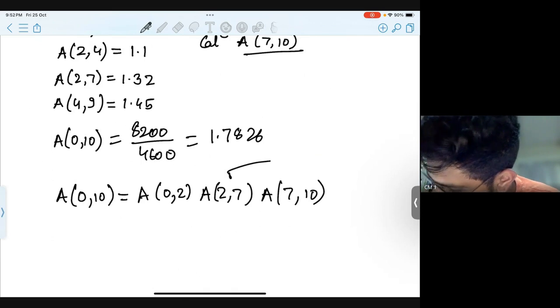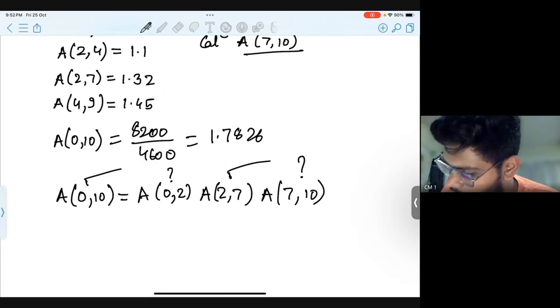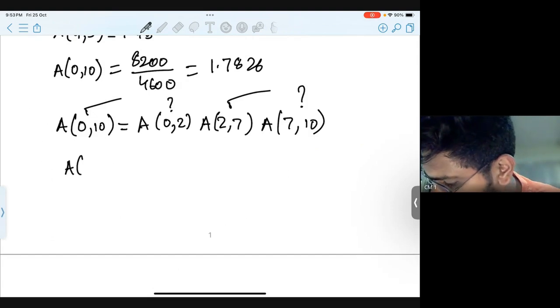We know this, we know this. This is what we have to find out, and we don't know this as of now. Okay. So अब A02 कितना होता है.